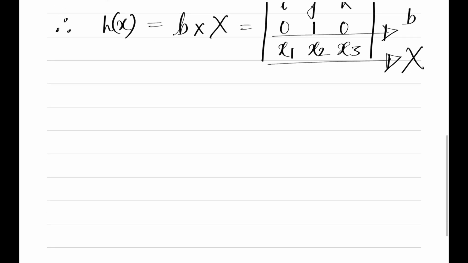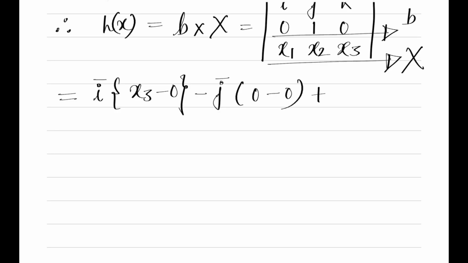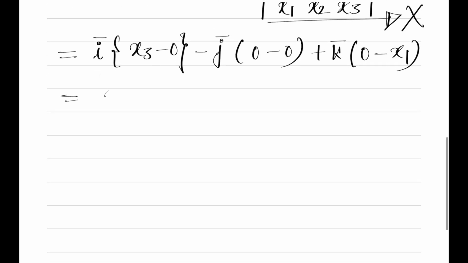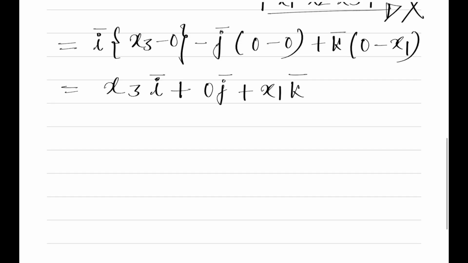Now we will expand this cross product. It will be i cap multiplied by x3 minus 0, minus j cap times 0 minus 0, plus k cap times 0 minus x1, which is equal to x3 i cap plus 0 j cap minus x1 k cap.